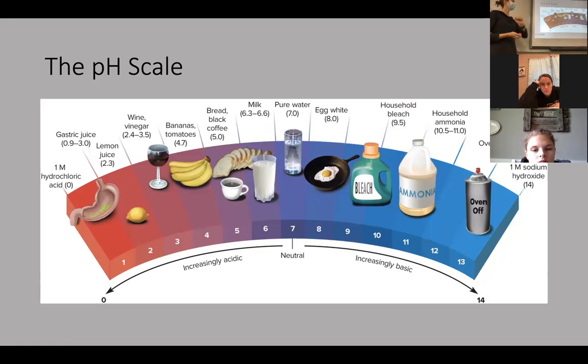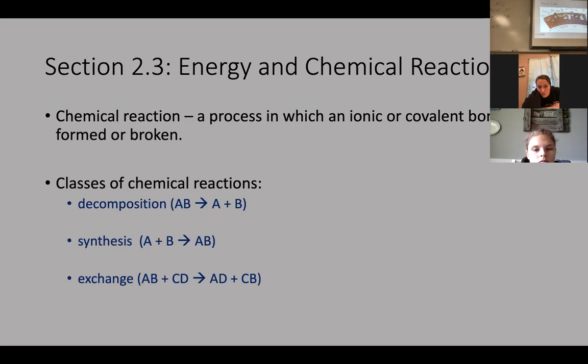Okay. That's all I'm going to say about pH unless you guys have any other questions. I'll mention pH in different systems of the body when we're talking about them. So I want you to know if it's acidic or basic in general.